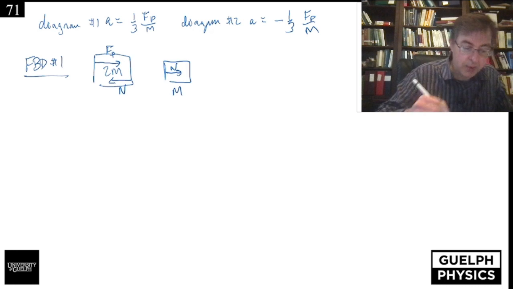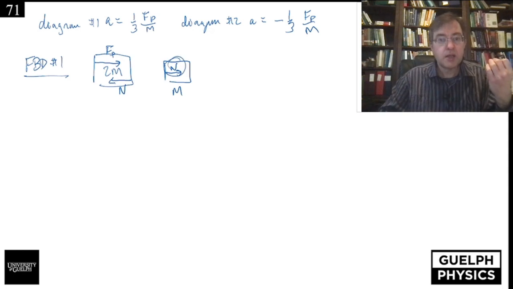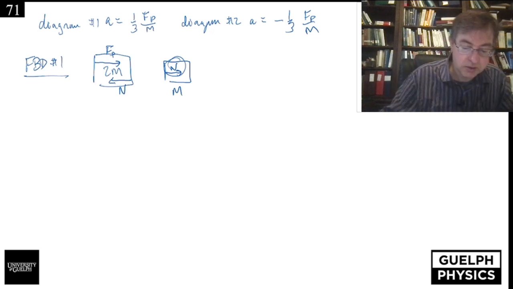This has mass m. This normal force N is the force exerted on the small block by the larger one, and it's equal and opposite to the N acting on 2m.